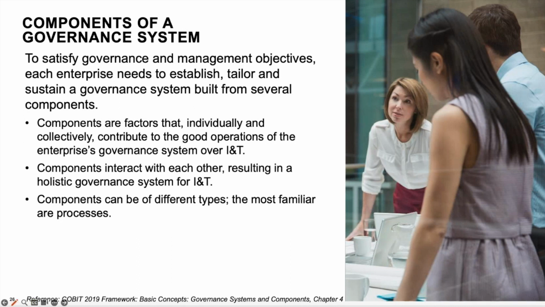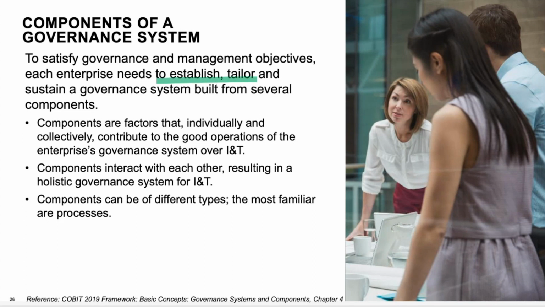In order for every organization to use COBIT successfully, they need to be able to apply, adopt, and adapt it towards their specific organization. And the keyword that we will see throughout the whole course is that we would need to establish, but more importantly, tailor a governance system.